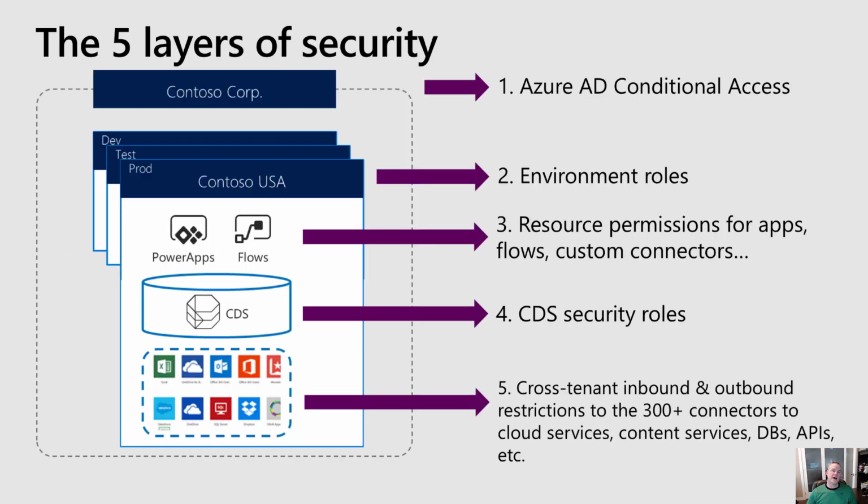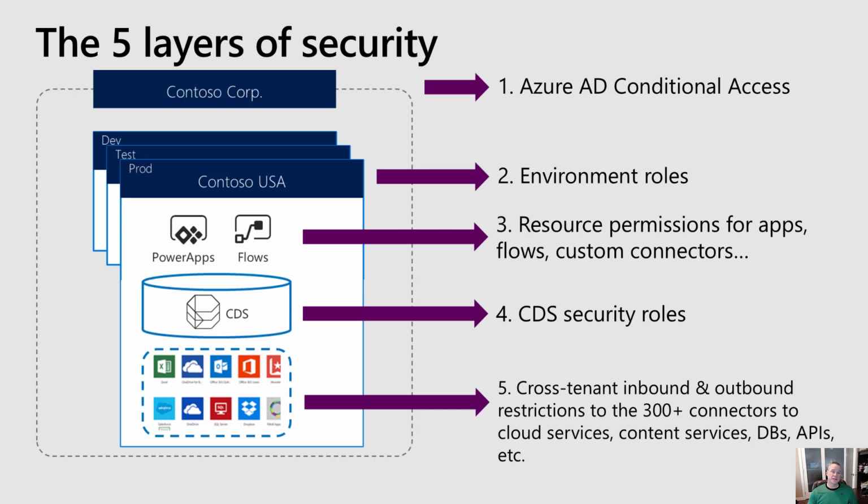So let's talk about the 5 layers of security. And then on the subsequent slide, we're going to talk about even another concept that's probably even more important than any of these 5 that we're going to talk about now. So much like any other cybersecurity strategy that leverages something called defense in depth, the Power Platform is no different. There is no silver bullet when it comes to securing your Power Platform assets.